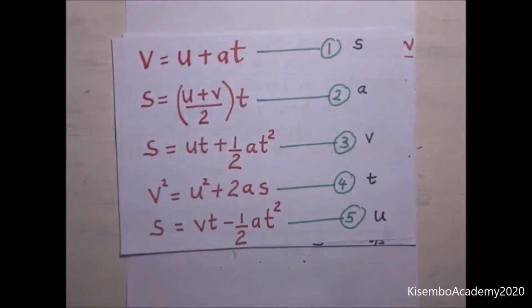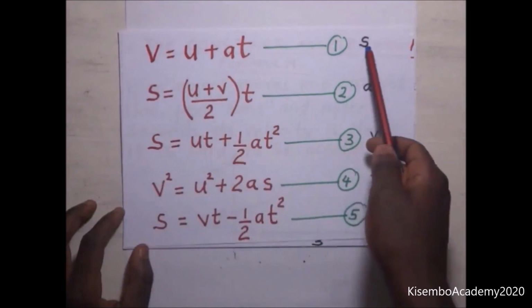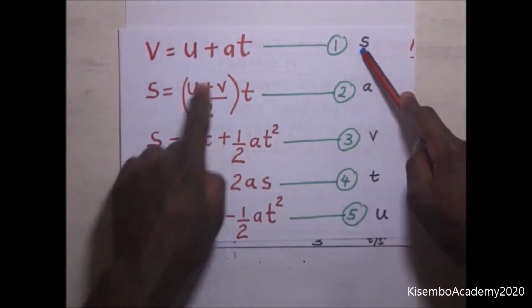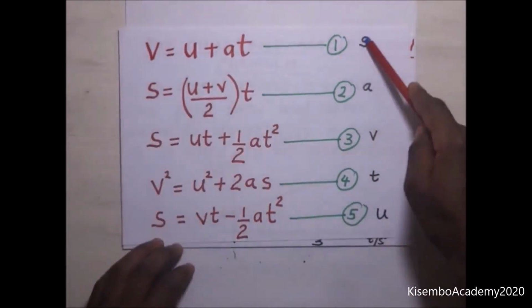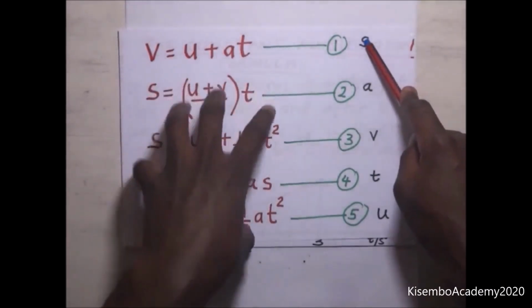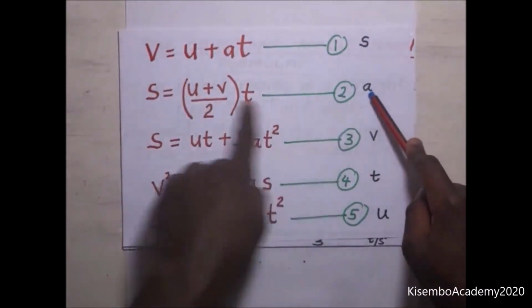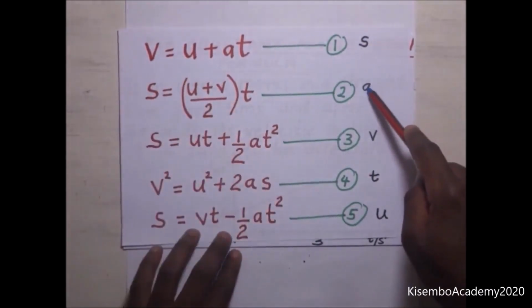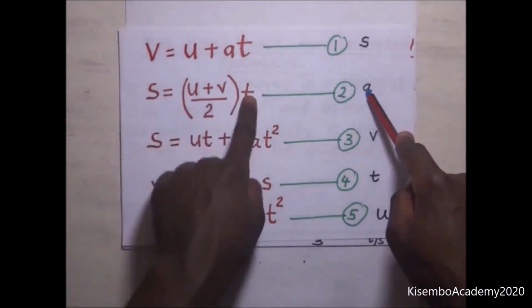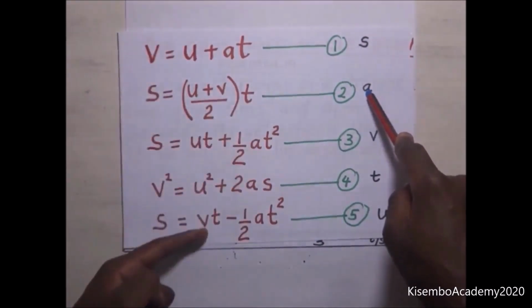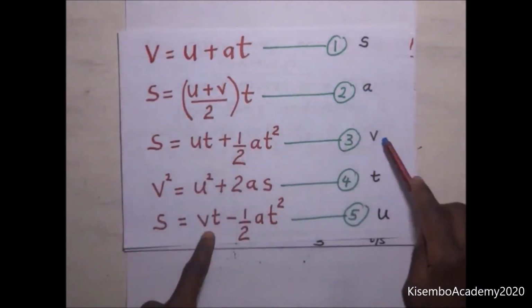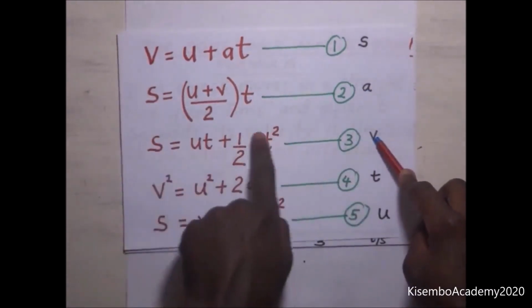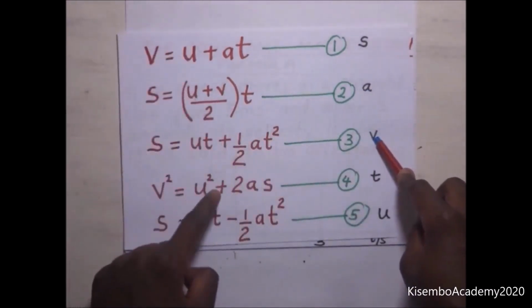For example, if you look at the first equation of motion, it is S that is missing. There is no displacement here. But displacement is in all the rest of these equations. If you look at this second equation, we have A missing. The acceleration is not represented, but acceleration is in all the others. In the third equation, you're having final velocity missing, but final velocity is represented in all the other 3.